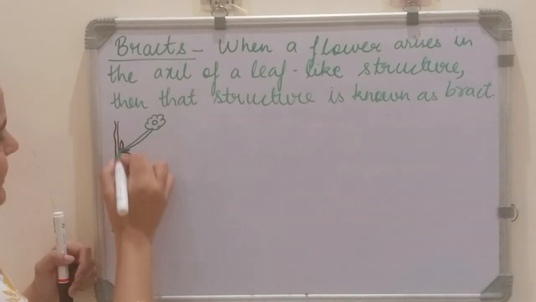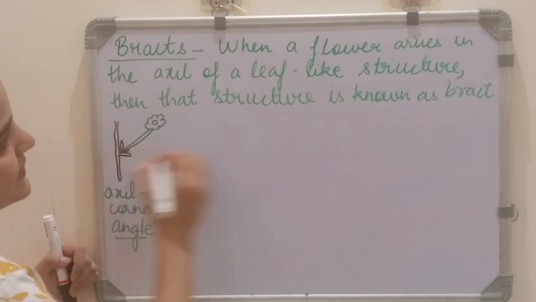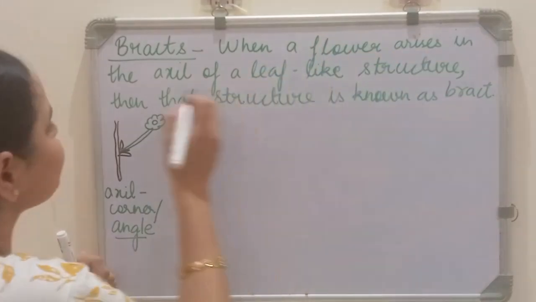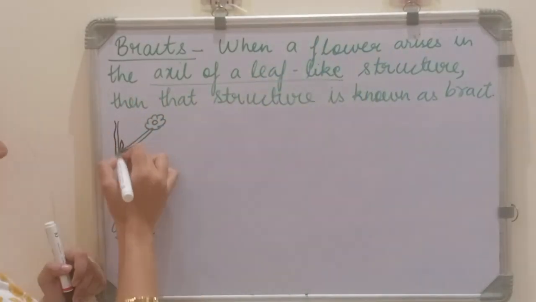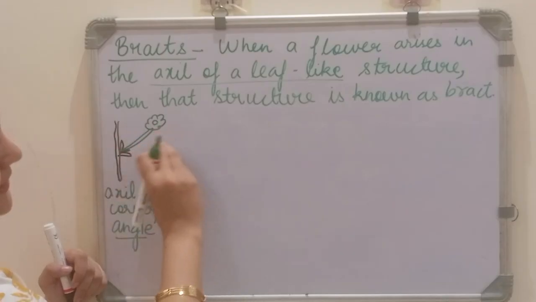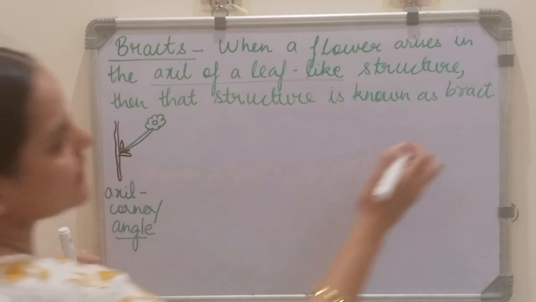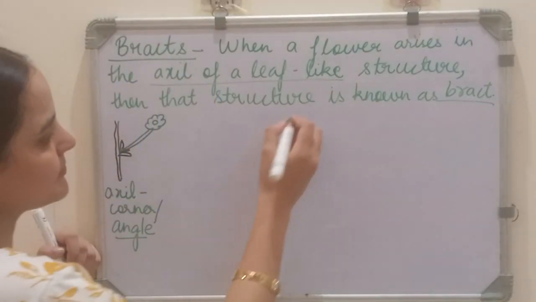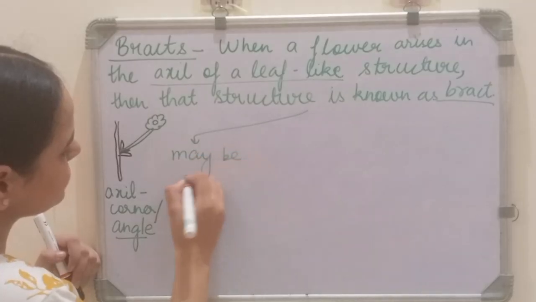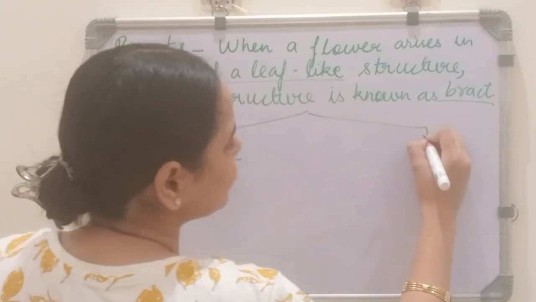So you may see there is an angle between the stem and this leaf-like structure. So this bract is a modification of leaf only. So when a flower arises in the axil of a leaf-like structure, this is the axil angle from where a flower is arising. Okay, so this leaf-like structure is known as bract, and this bract may be green. Most of the cases this bract is green, and it may be colored.